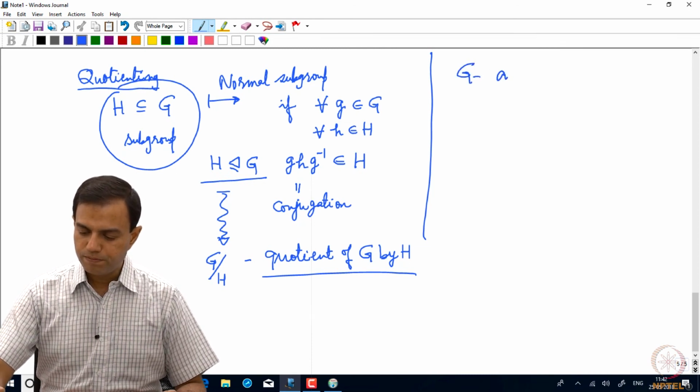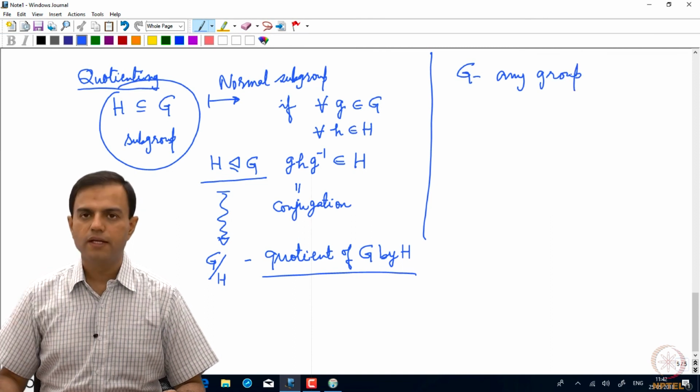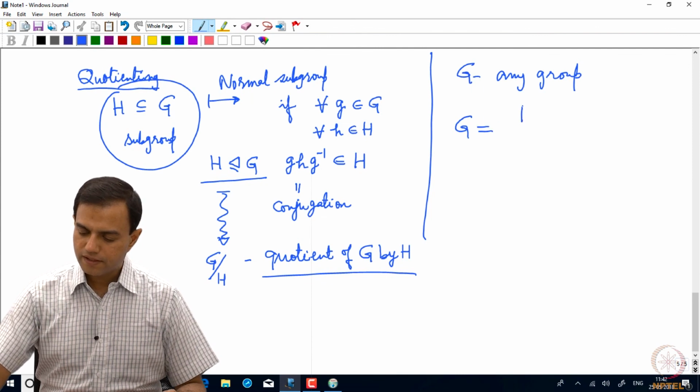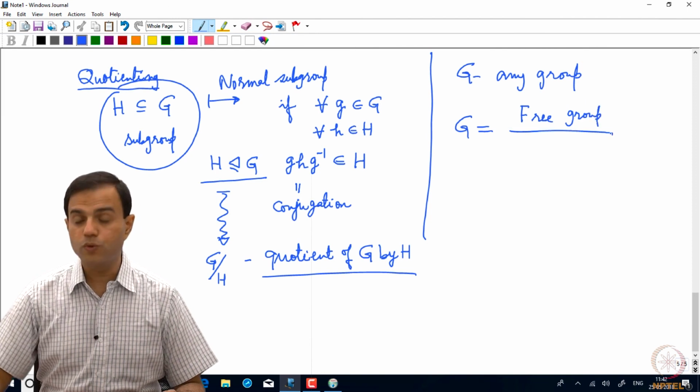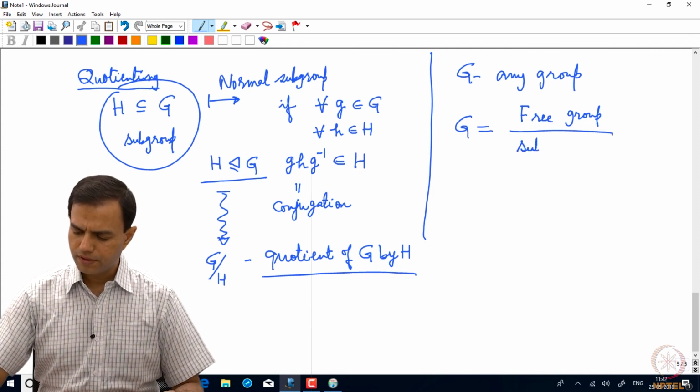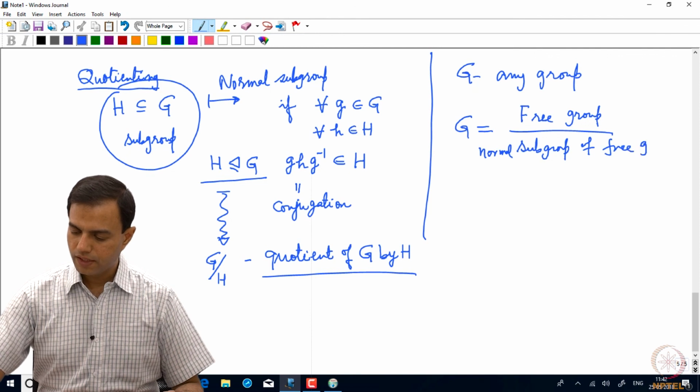If you have any group G, then I can express G as a quotient of free group by some normal subgroup of free group.